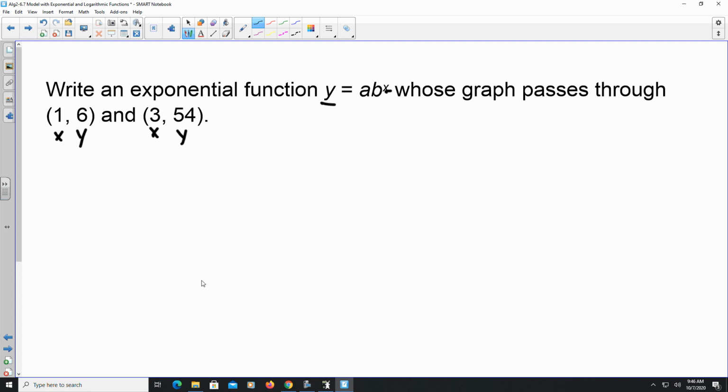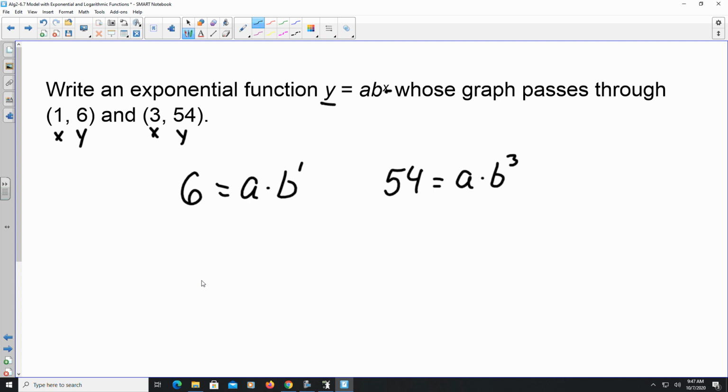So my two equations are going to be set up like the first one is going to be 6, because y is equal to a times b raised to the first power because x is 1 in this one. The second equation is going to be 54 is equal to a times b raised to the third power. So now I have two equations.